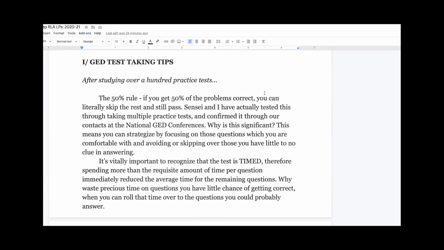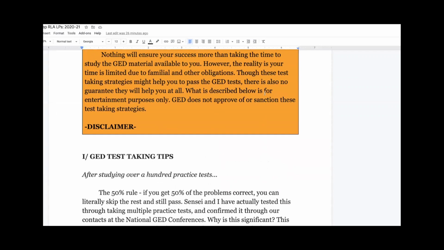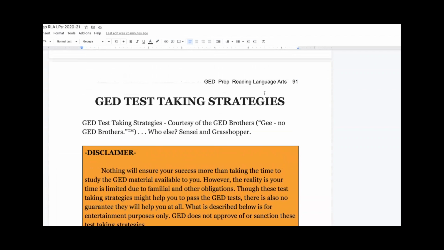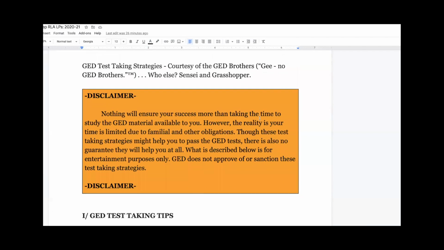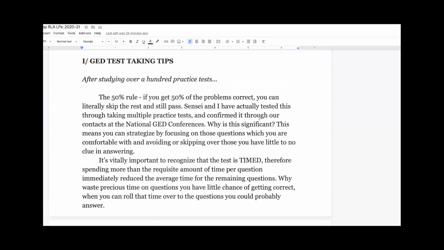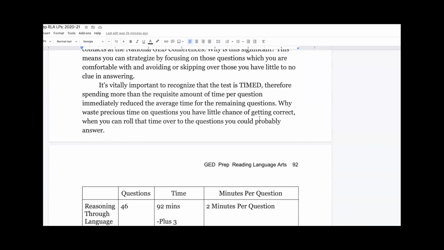But please, this is on page 91 of the syllabus. If you get a chance later, unless you got it right now, go ahead and look through this.